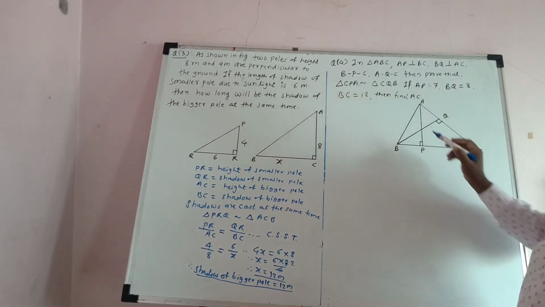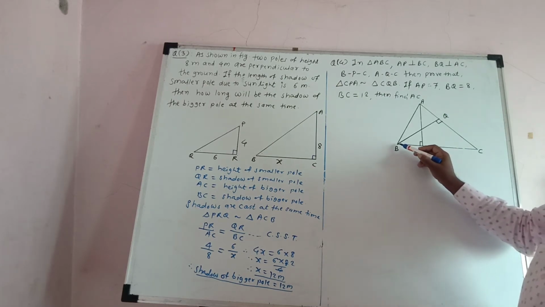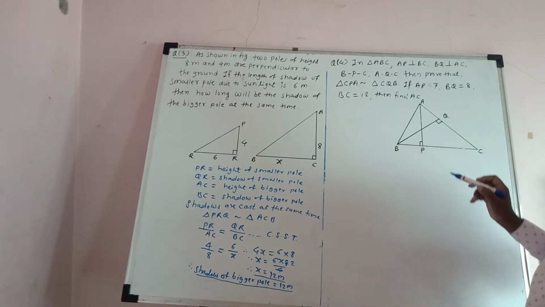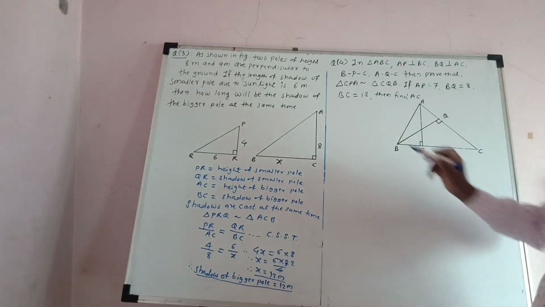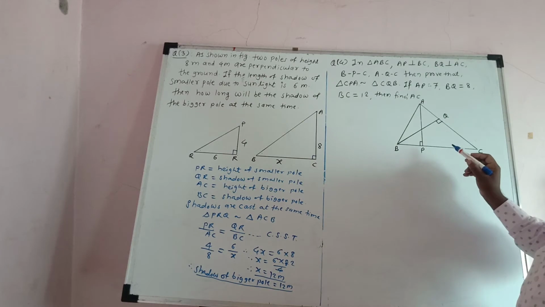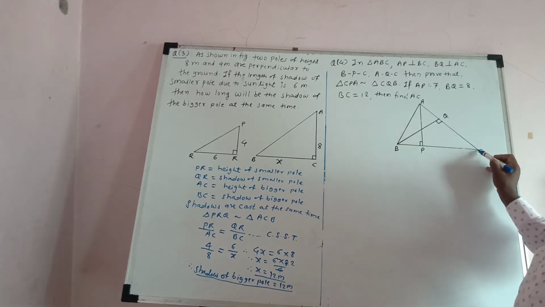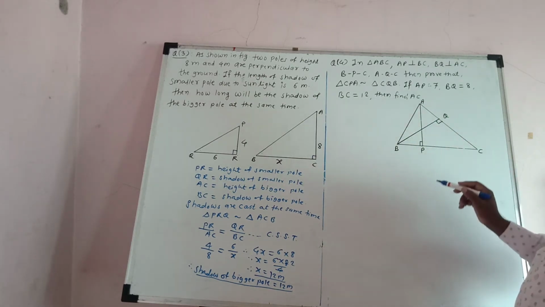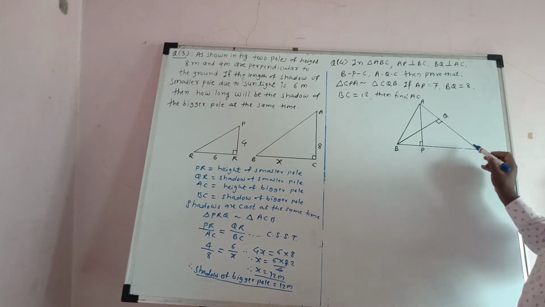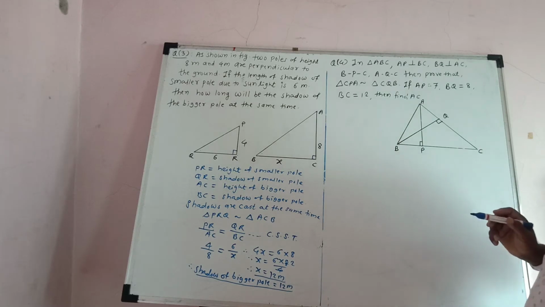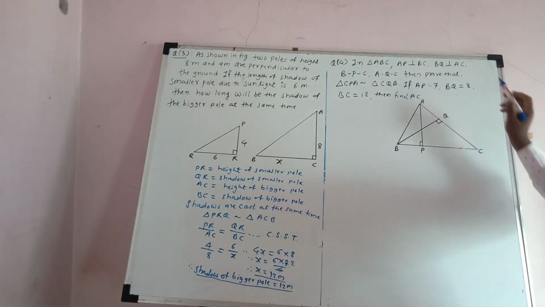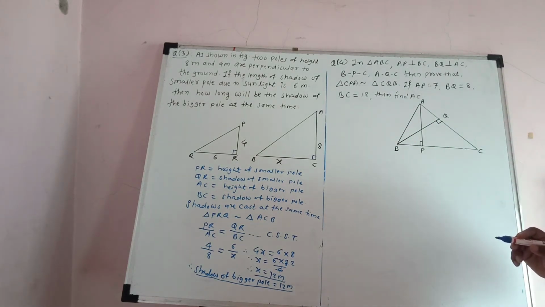Then prove that triangle CPA is similar to triangle CQB. If AP is equal to 7, BQ is equal to 8, BC is equal to 12, find AC.